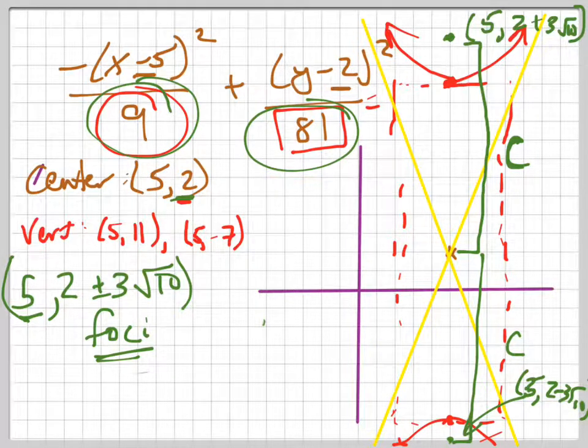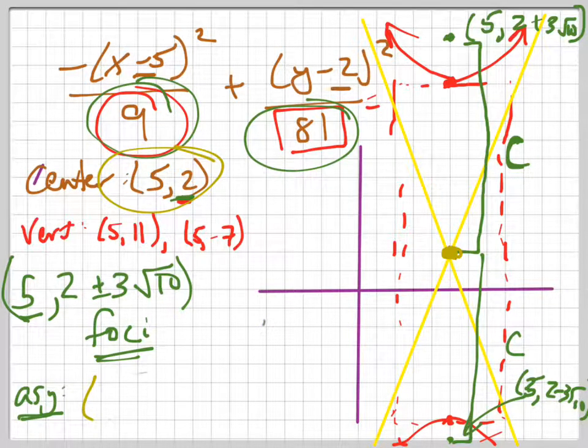The last thing I need to do is the asymptotes, and that's actually a pretty easy thing to do. I'll do this in gold since those are my asymptotes in yellow there. The asymptotes go through the center right here, and that center of course is 5, 2. So I'm going to use the point slope form of the equation of a line, which is y minus the y coordinate equals the slope, which is up and over.